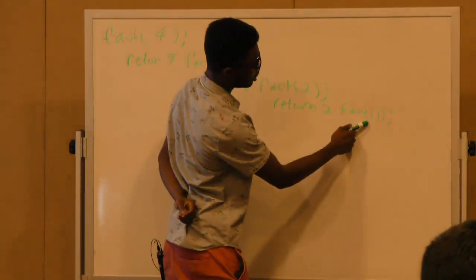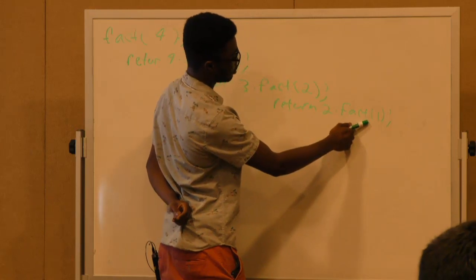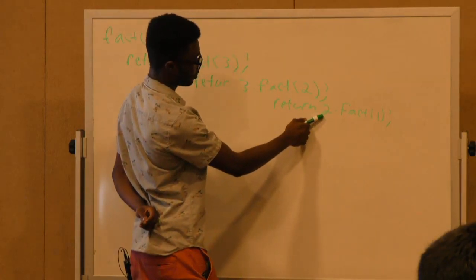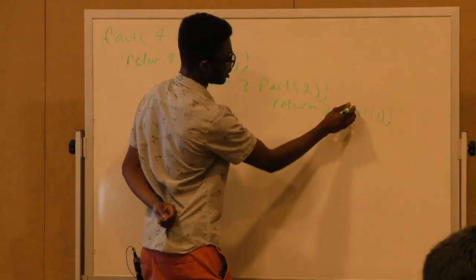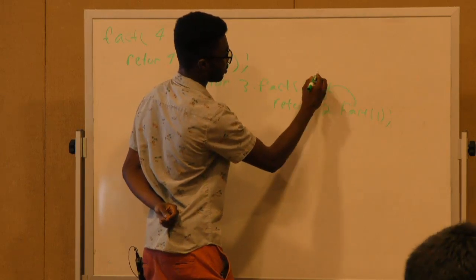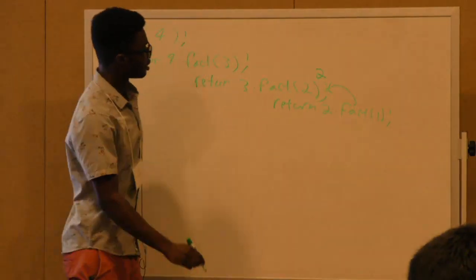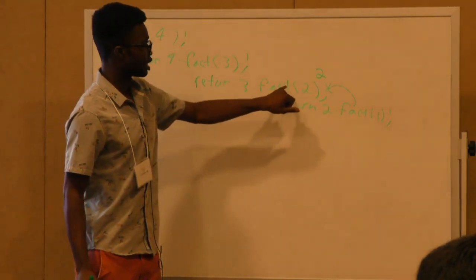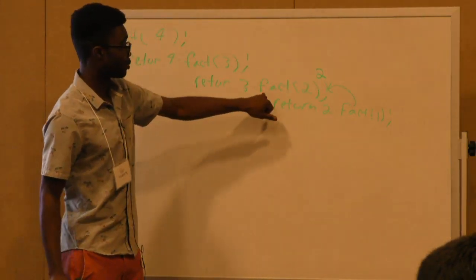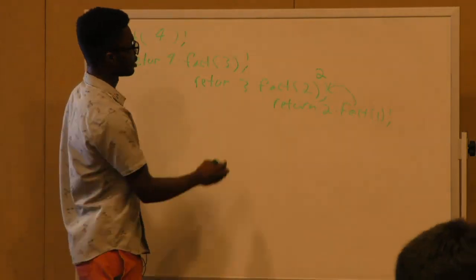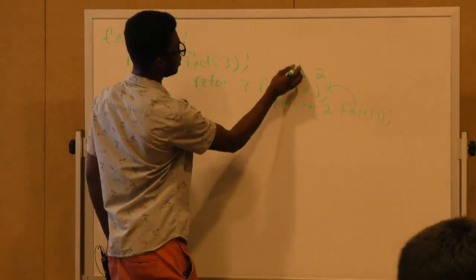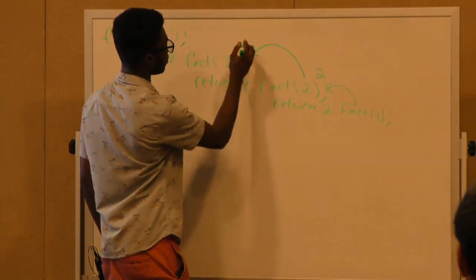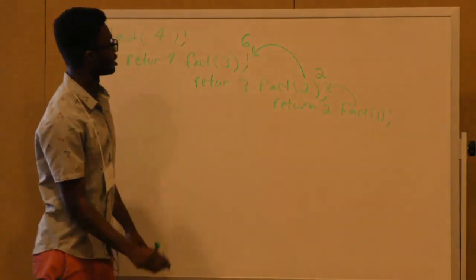So the factorial of 1 is 1, so 1 times 2 gives us 2. So we jump back with a value of 2. Now we have to return 3 times 2, which is the value we got back from this recursive call, which is 6. So now we jump back one more time with the value of 6.